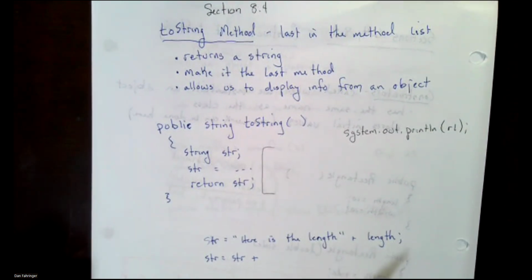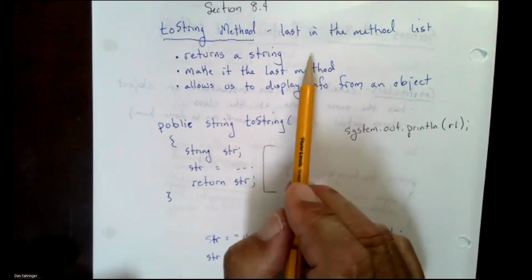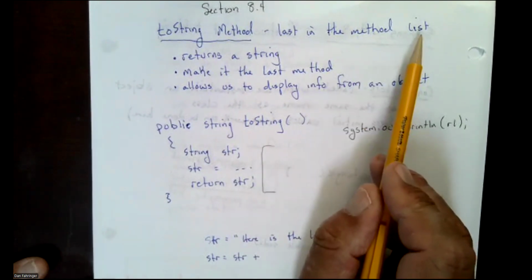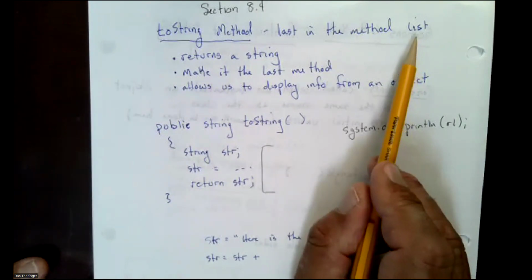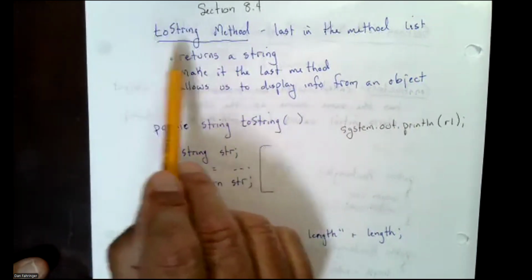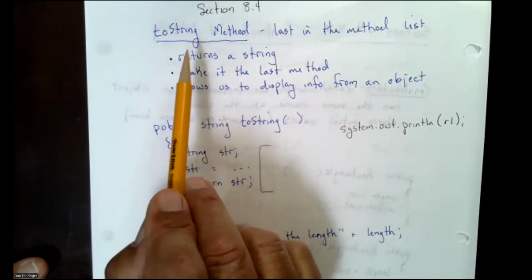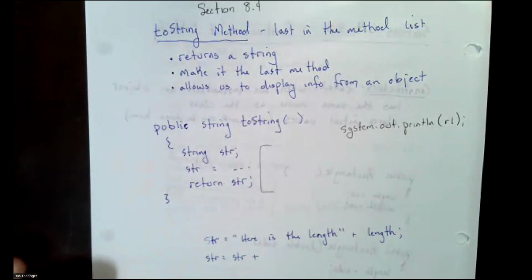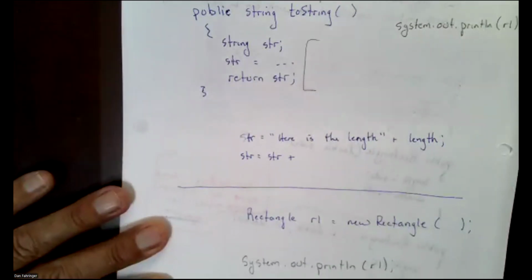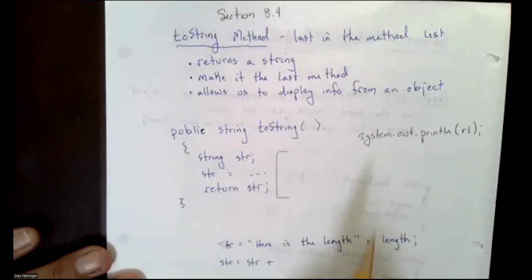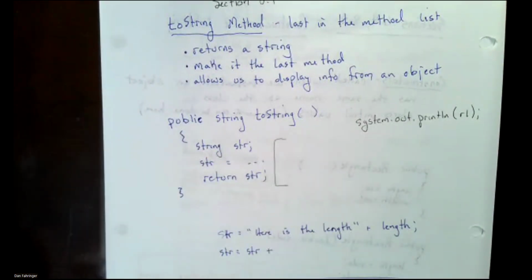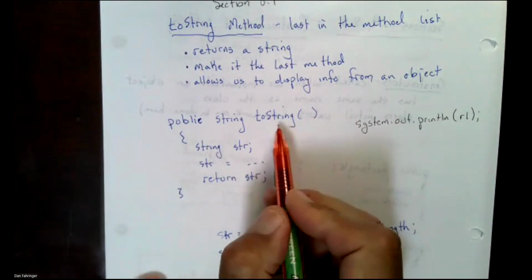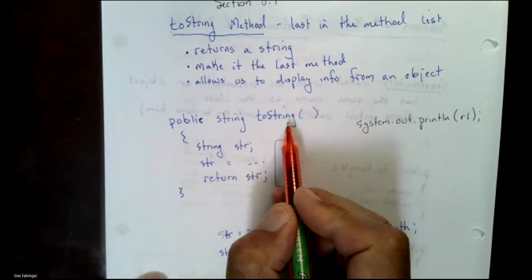Now, what is a toString? Okay. It's the last method in the UML chart. It's going to be the last one down there. It has the name toString. We're actually replacing a different toString, the one that prints out all that garbage. We're making our own. Now, when I write the class toString, I'm going to use the verbiage toString.